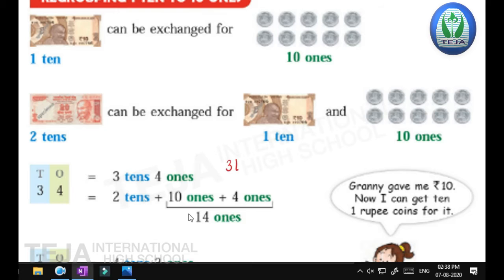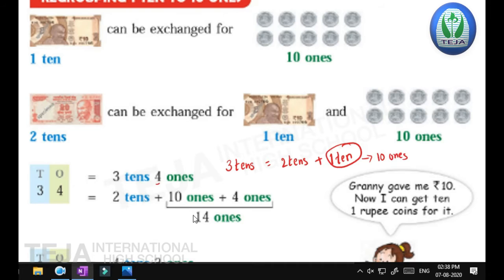Here 3 tens equal to 2 tens, and what this 1 ten is doing, this 1 ten will convert into ones. So 1 ten equal to how many ones? 10 ones. So that's why 3 tens equal to 2 tens plus 10 ones.